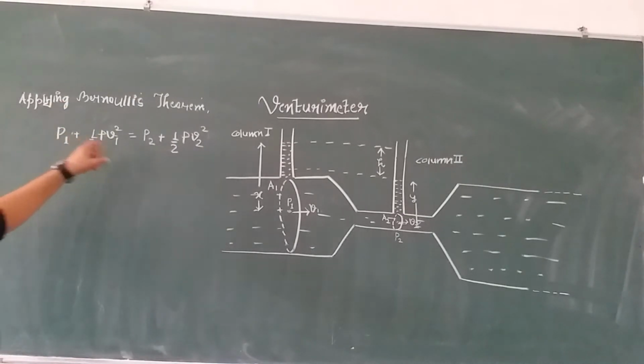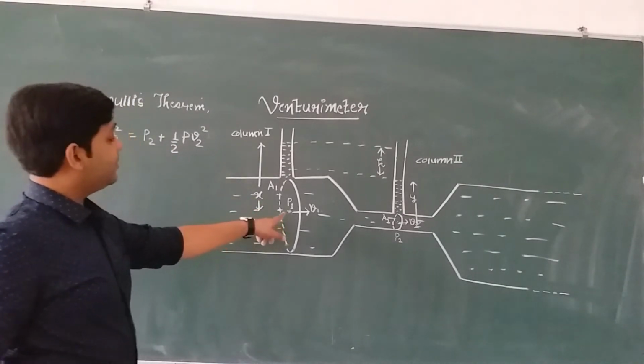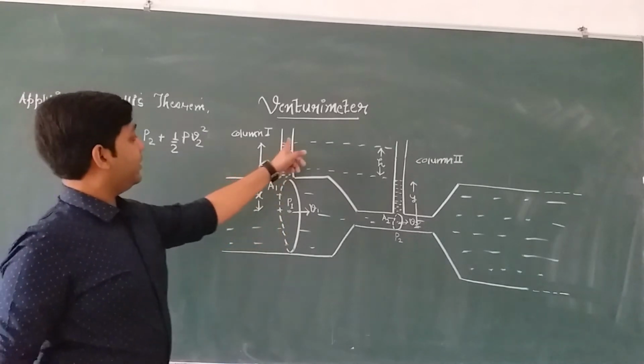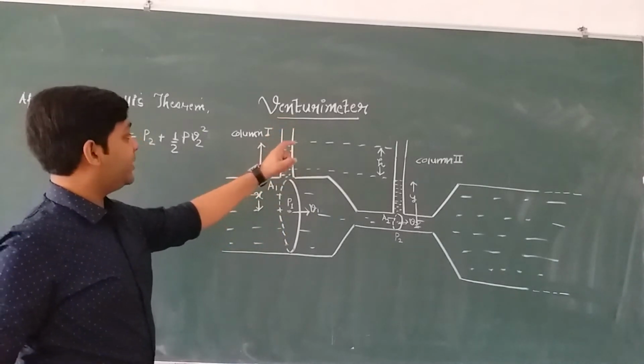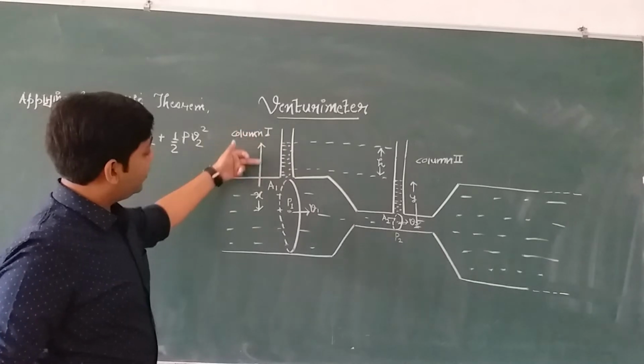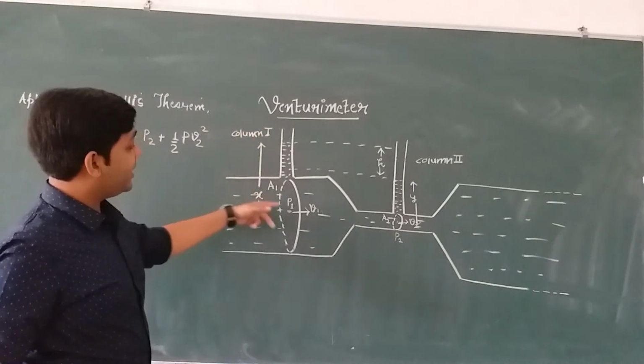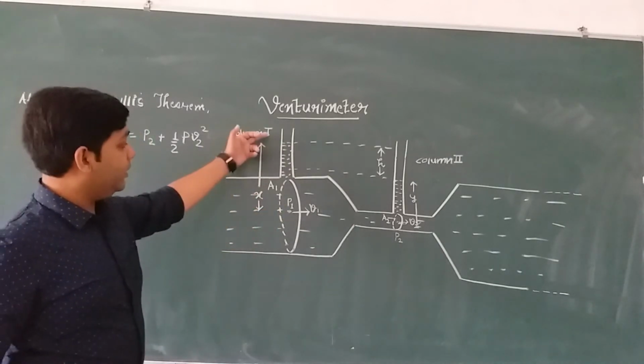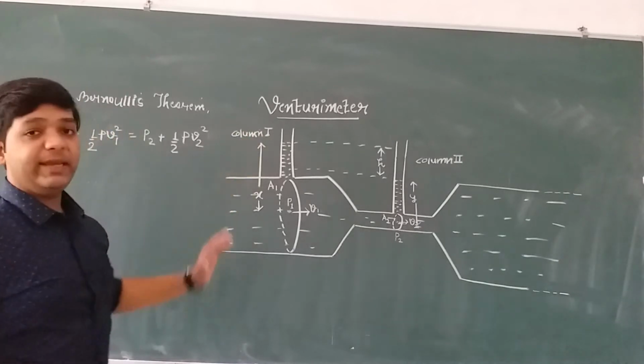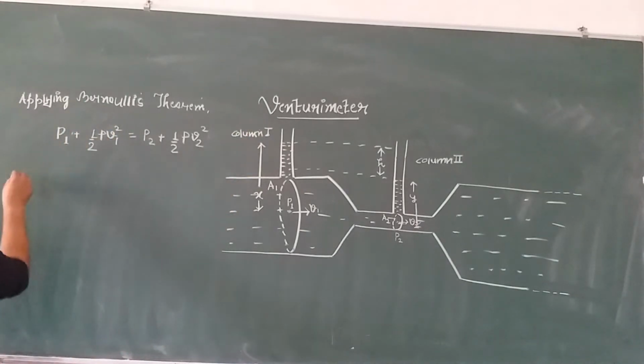Now what is the value of P1? If P1 is the point here, and here the pressure will be atmospheric pressure, and if we come down by depth x, then the pressure at this point will be P0 plus rho g x. So P1 can be written as P0 plus rho g x.